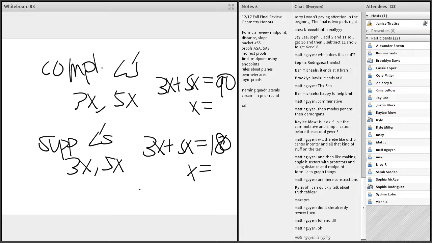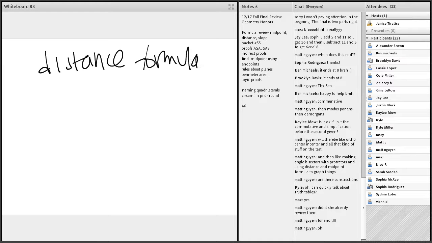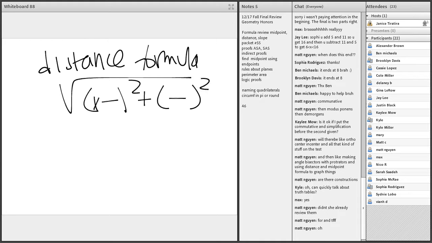Know your distance formula. Know your midpoint formula. Know your circumference formula. Anything that's bold on your packet. So distance, we talked about in the very beginning. The square root, you subtract the x's, subtract the y's.